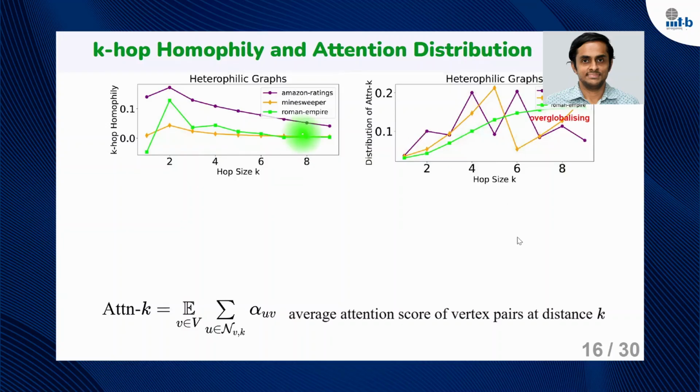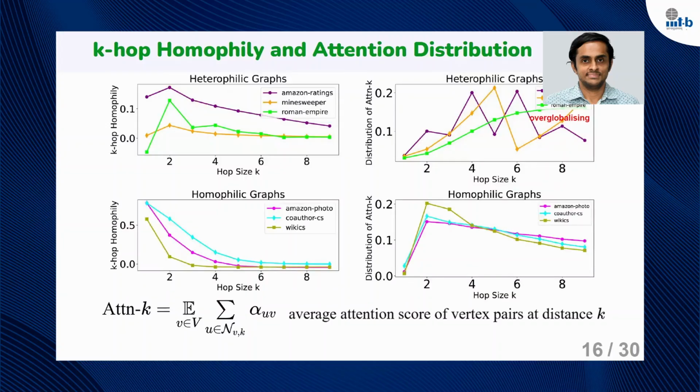If we compare the proposed k-hop homophily with this attention distribution, this is where we can see this over-globalizing phenomenon occurring. As we said, the homophily levels off for higher values of k. But the attention distribution patterns are still at a higher level than desired. It's kind of erratic, going back and forth from high to low. This is the over-globalizing phenomenon.